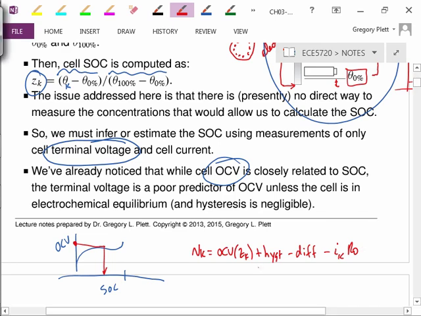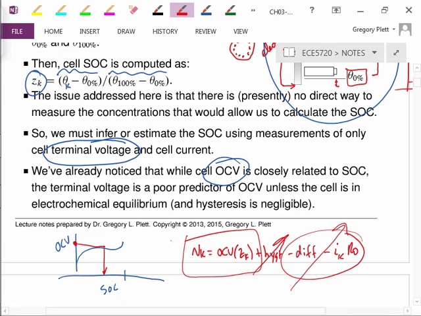So unless this is negligible, and unless these have decayed to equilibrium, this relationship does not hold. Terminal voltage is not equal to open circuit voltage unless hysteresis is negligible, which really happens only at warm temperatures. At cold temperatures, hysteresis can be quite large, and unless the cell has rested for a long period of time.